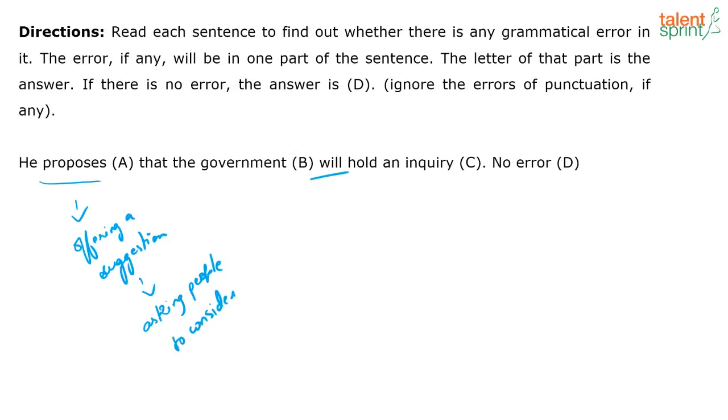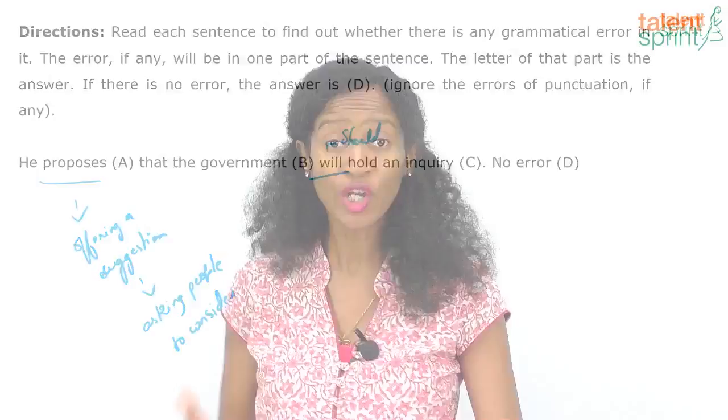So I'm saying he proposes that the government should, right? I believe when you're offering something, when you're giving a suggestion or advice, you believe that it is the right thing to do, right? So I need a modal which expresses what is the right thing to do. You should pay your taxes. You should follow traffic rules. You should help the needy, right?